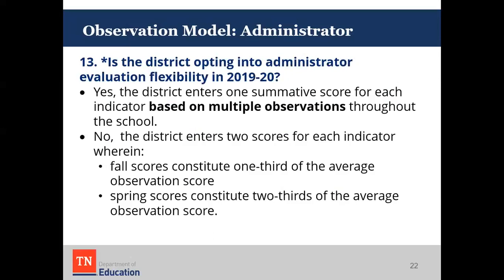So based on multiple observations throughout the year, the district would enter 1 summative score for each indicator. That is what happens when you select yes for administrator evaluation flexibility. If you select no for this flexibility, then you will continue to enter 2 scores for each indicator. The fall score constitutes 1/3 of the average observation score, and the spring score constitutes 2/3 of the average observation score.